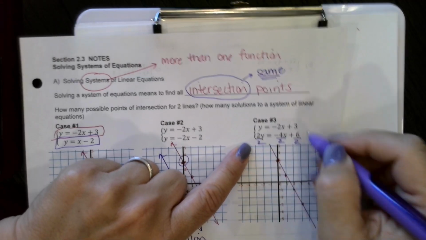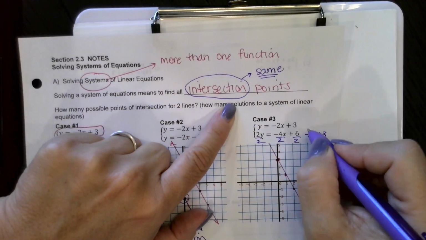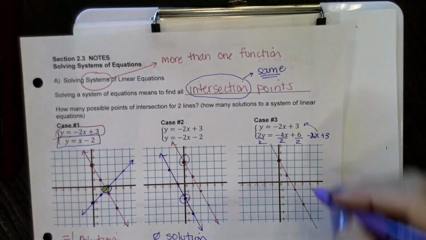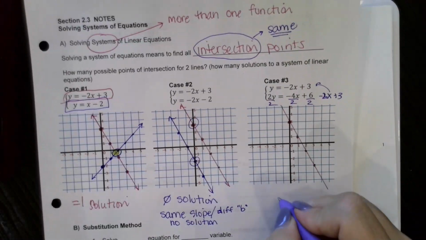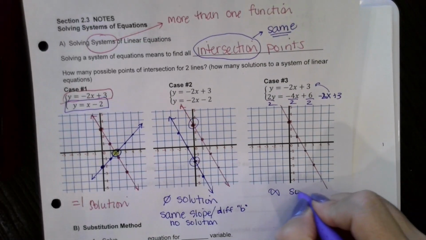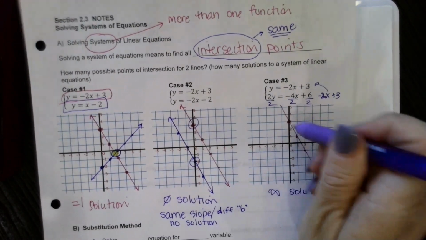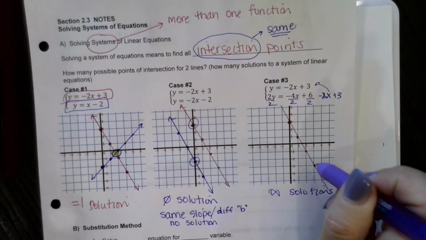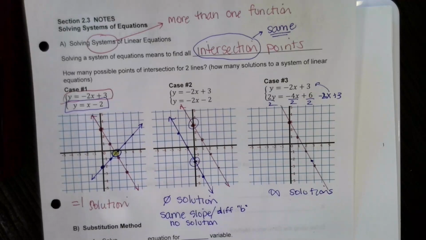And what you see when you divide is you have negative 2x plus 3, which this time is the same line. So my purple line would be right over the top. So this is going to be infinite solutions. So what does that mean? That means any point along this line, any point. It can be a whole number point, it can be a little fractional point like this one. Any point along the line is going to be a solution to both equations.